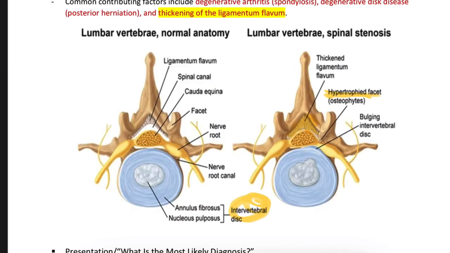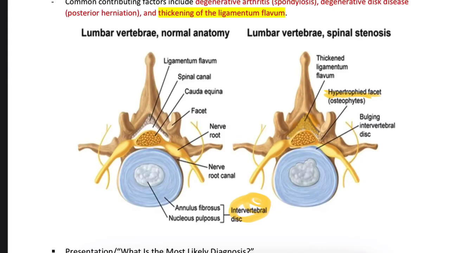Surgical decompression can be done in severe cases, with laminectomy and removal of lamina and ligamentum flavum. It is indicated in severe symptoms, failed conservative therapy, and neurological deficits like bladder or bowel dysfunction.